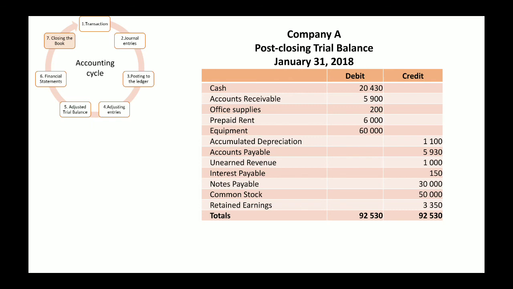All other accounts are listed. The purpose of a post-closing trial balance is to be sure that the sum of debits equals the sum of credits before a new accounting period starts.